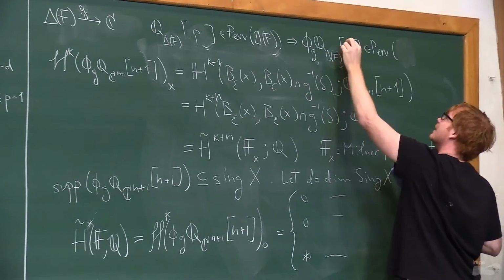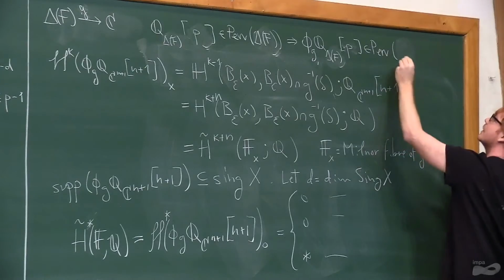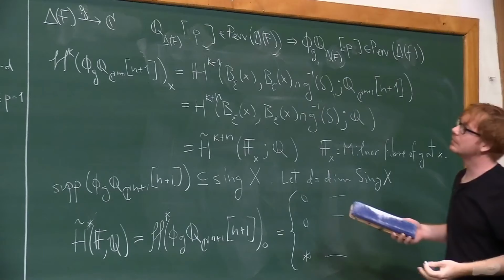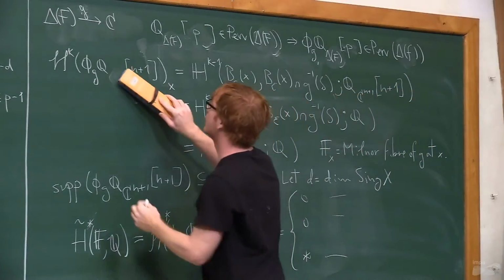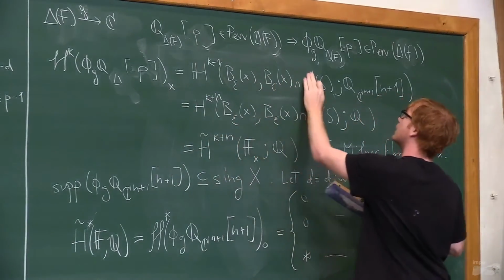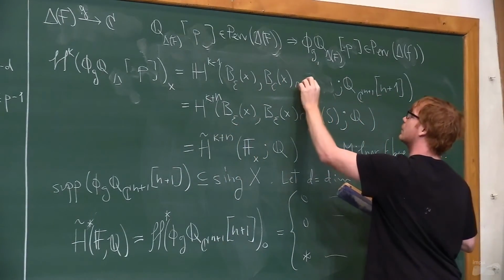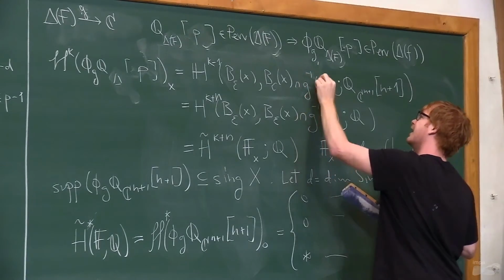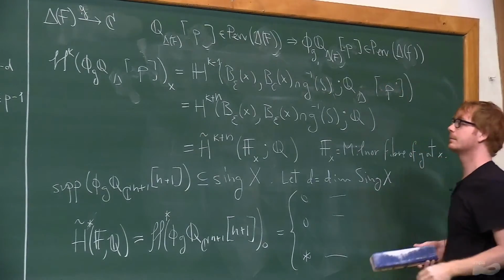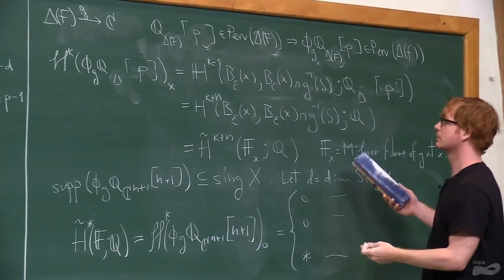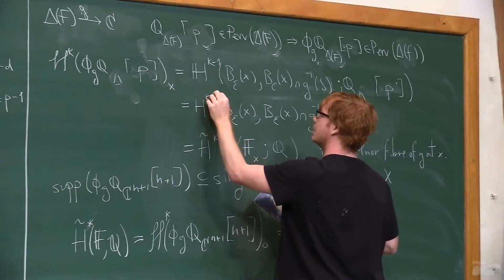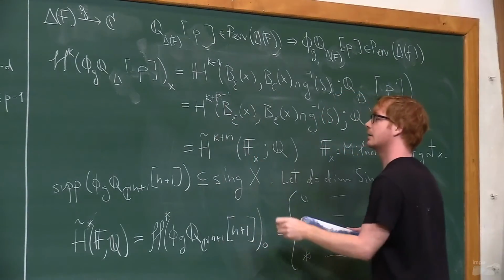This is the discriminant, with shift p. There's a p minus 1.